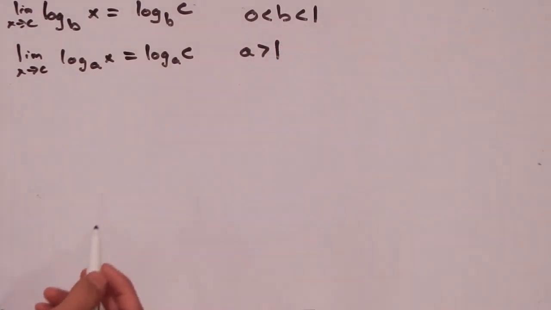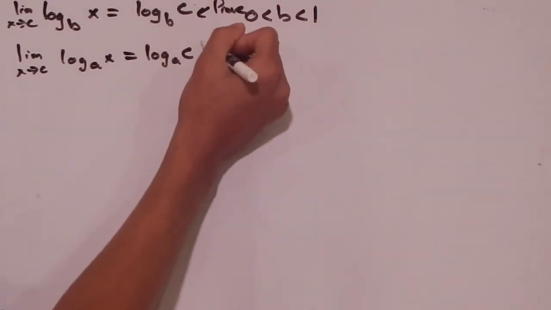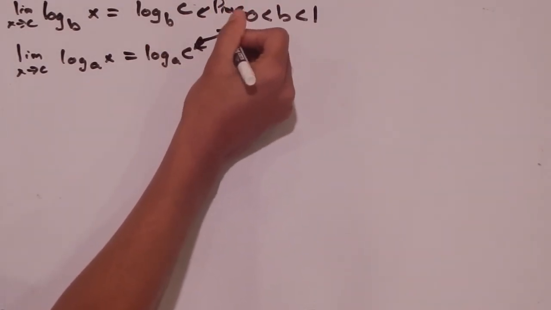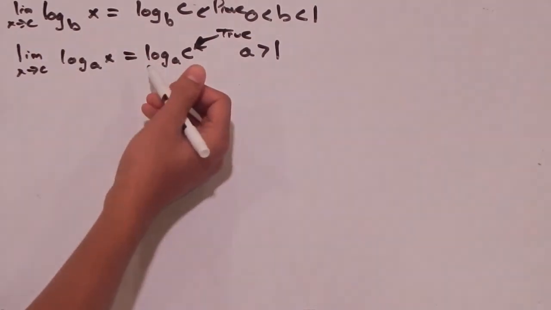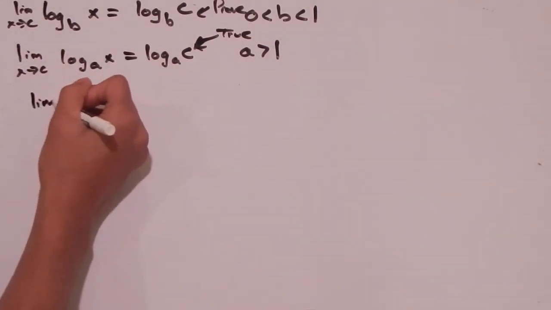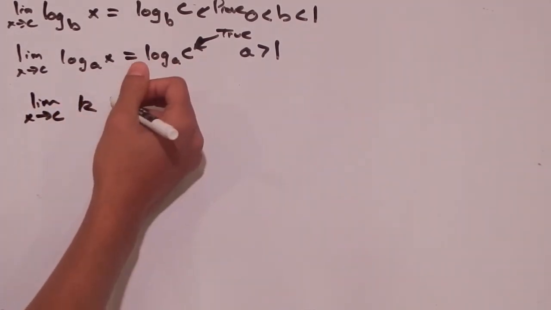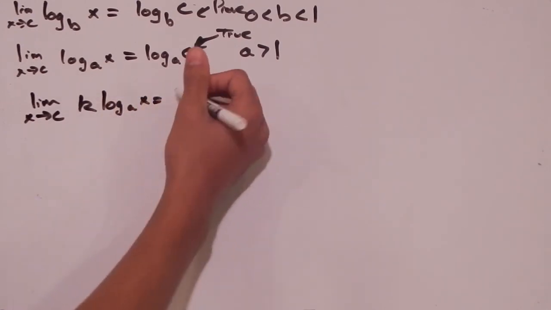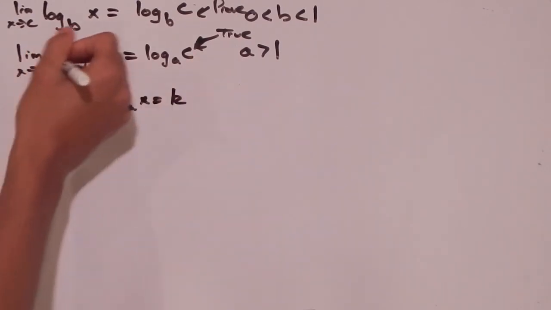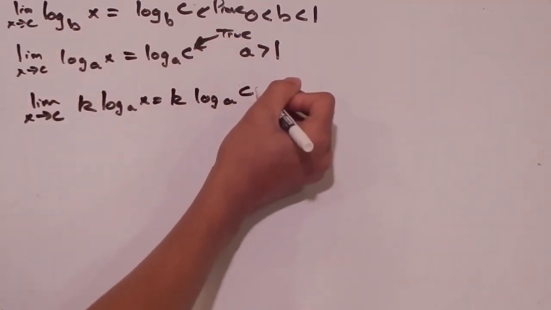Well, here's how we're going to do this. This is what we want to prove. And this is something we've already proved, so we know this is a true statement. All we're going to do is multiply both sides by a constant. We know, based on our constant rule, that the limit as x approaches c of some constant times a function is going to equal that constant times the original limit of that function. So this is just based on our constant rule.